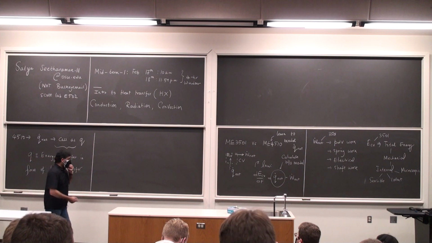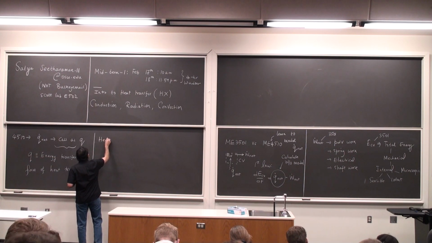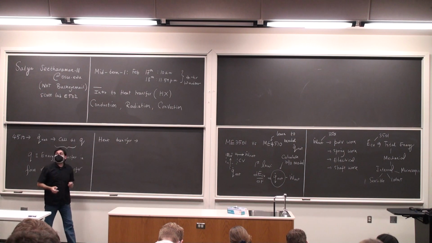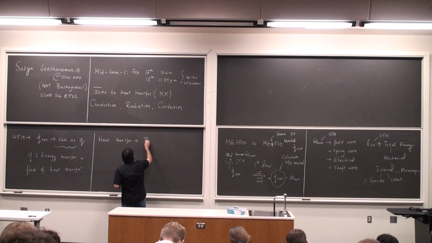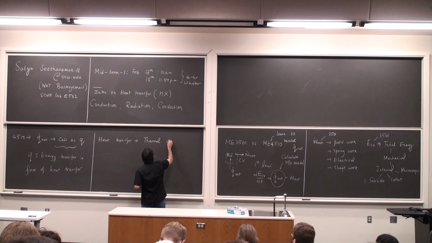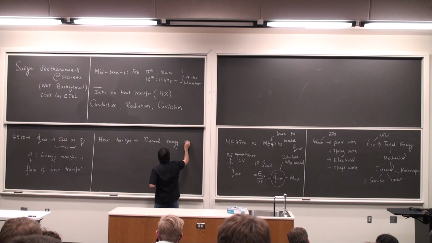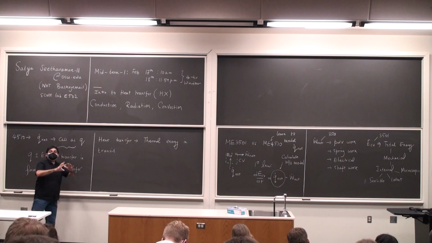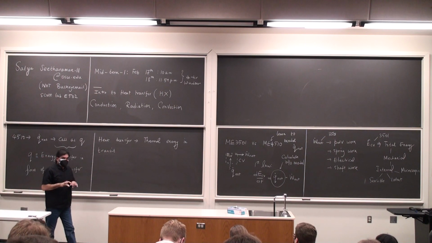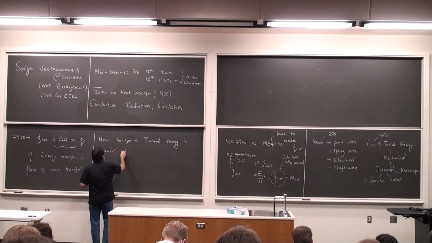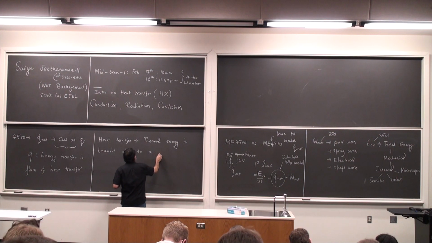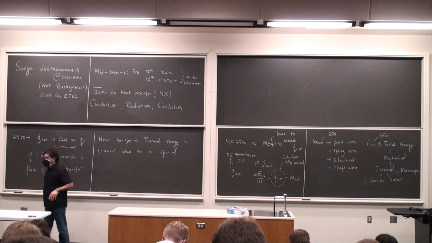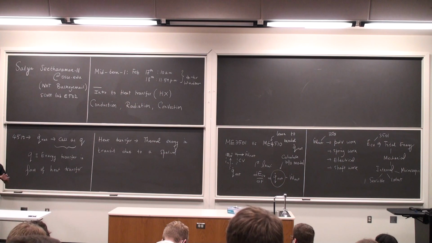I'm going to write it out. So heat transfer is thermal energy in transit, which means it keeps on moving, it doesn't rest, due to a spatial, meaning XYZ coordinates, for example, or polar coordinates.